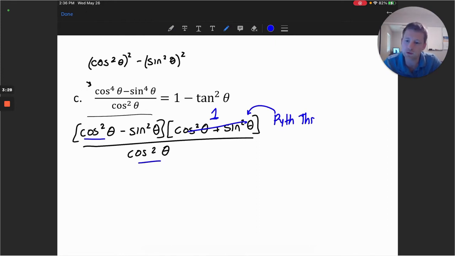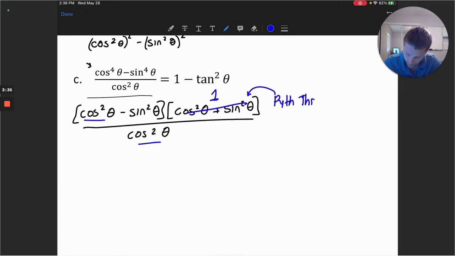We can actually divide each of those two terms by cosine squared. If I divide that first term, that will be just 1. Cosine squared divided by cosine squared is 1. And then minus, if I divide the sine squared, well, we can write this in a couple ways. Sine squared theta over cosine squared theta is simply going to be tangent squared theta.